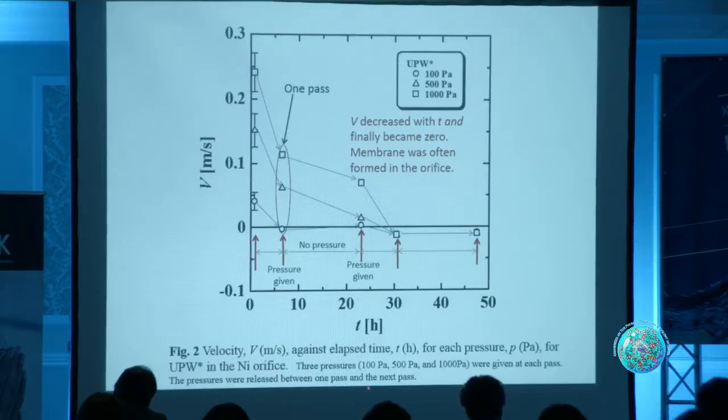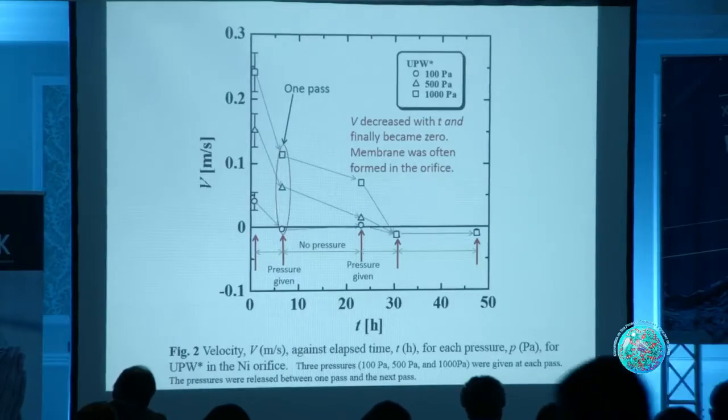The pressures 100 Pascal, 500 Pascal, and 10,000 Pascal were given at each pass. The pressure was released between one pass and the next pass. This shows the example of one pass, and this is the next pass. No pressure was given between one pass and the next.